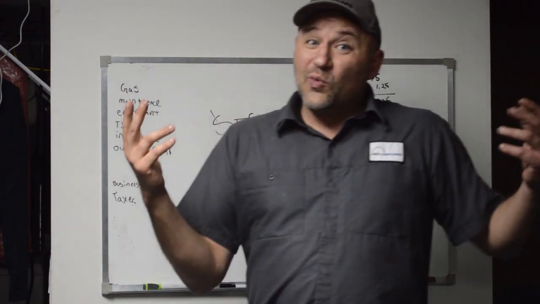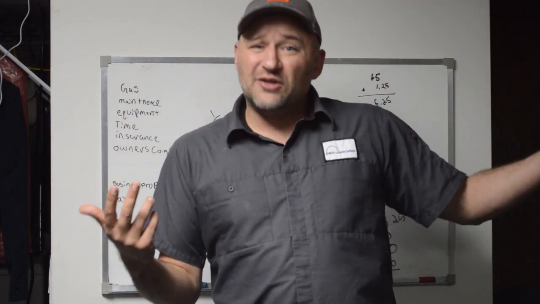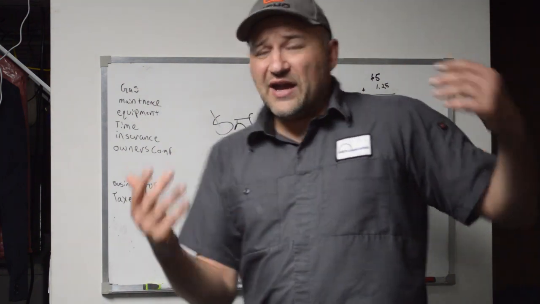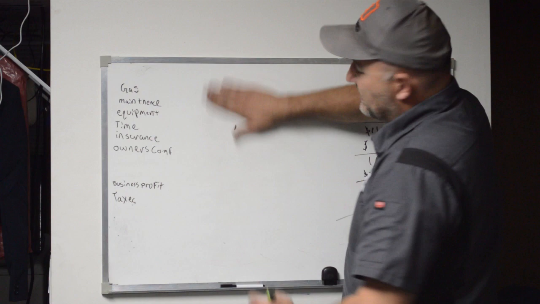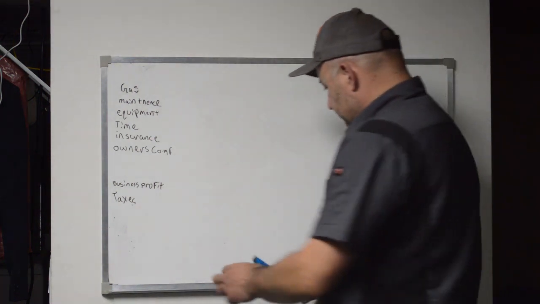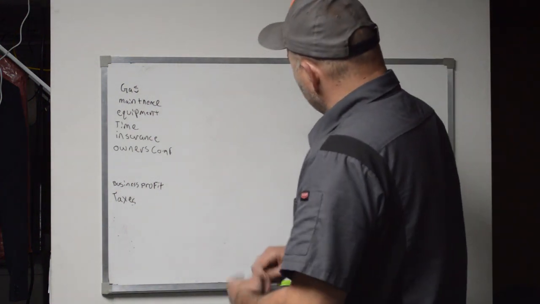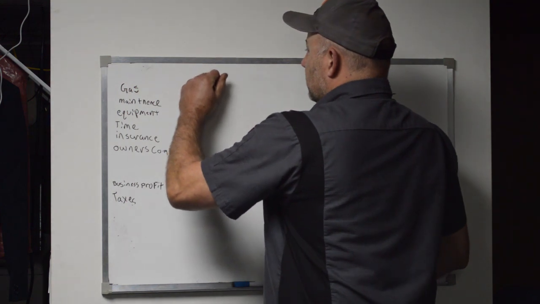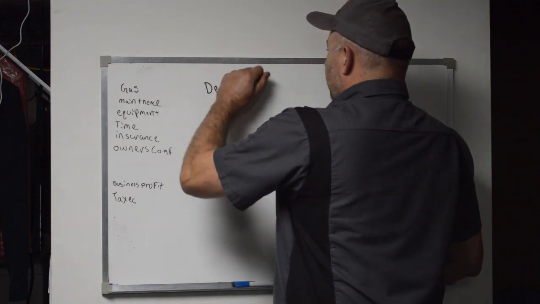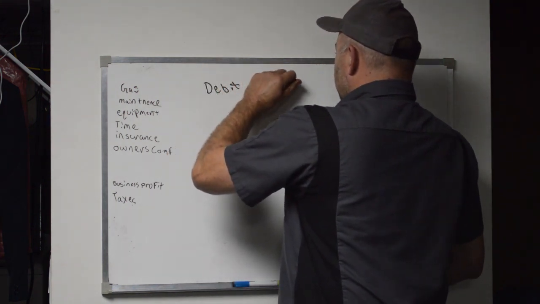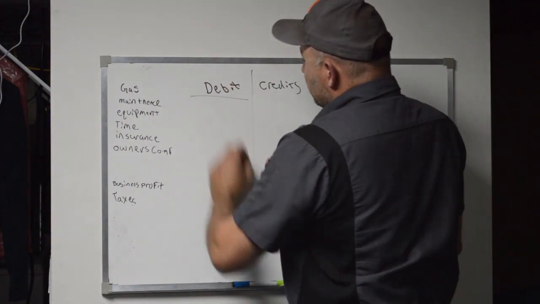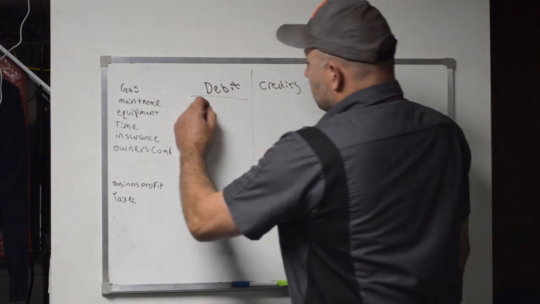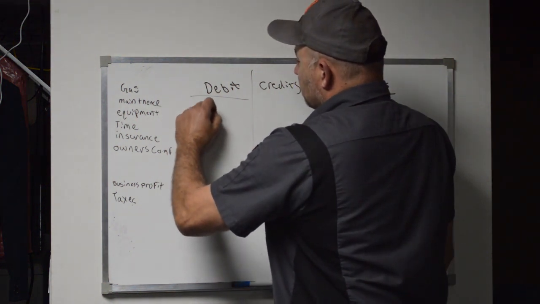Now, when you move on a little bit further and you actually get into some proper accounting methods, you'll have things called debits and credits. And what goes under debits? This is money going out.